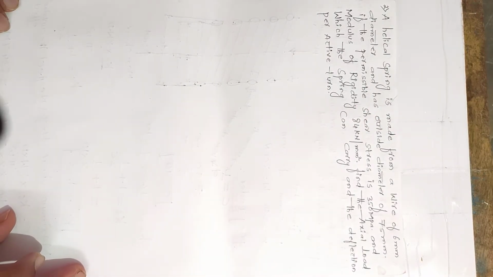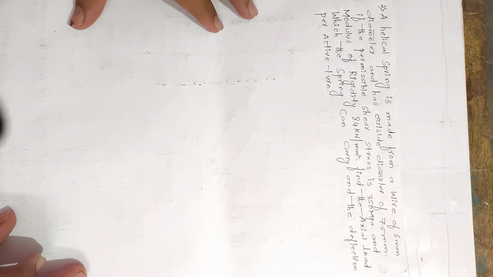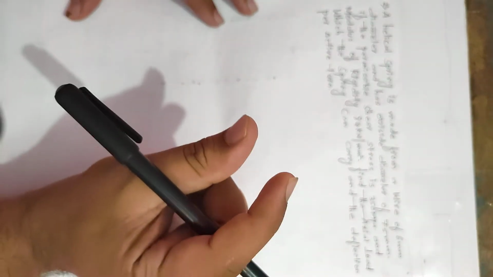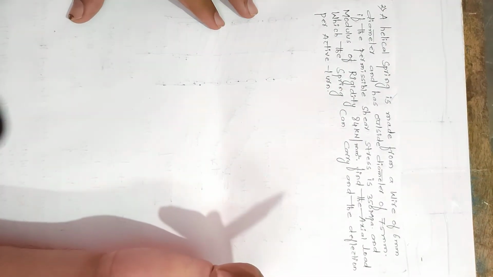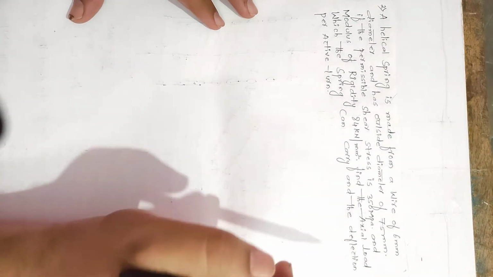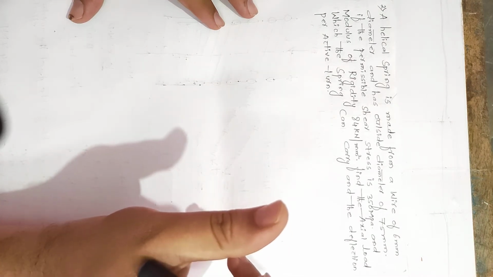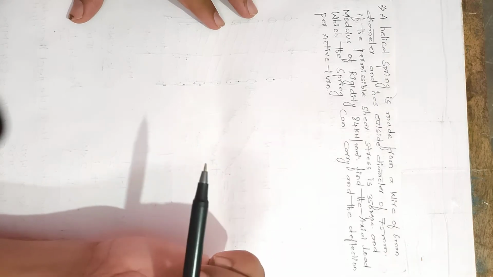So, in this session, we are going to learn the second problem on the helical spring. A helical spring is made from a wire of 6 mm diameter and it has an outside diameter of 75 mm.